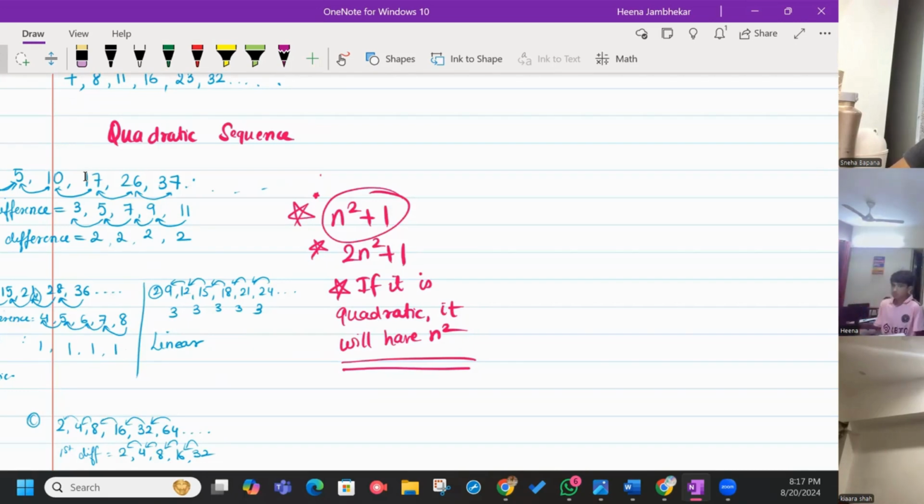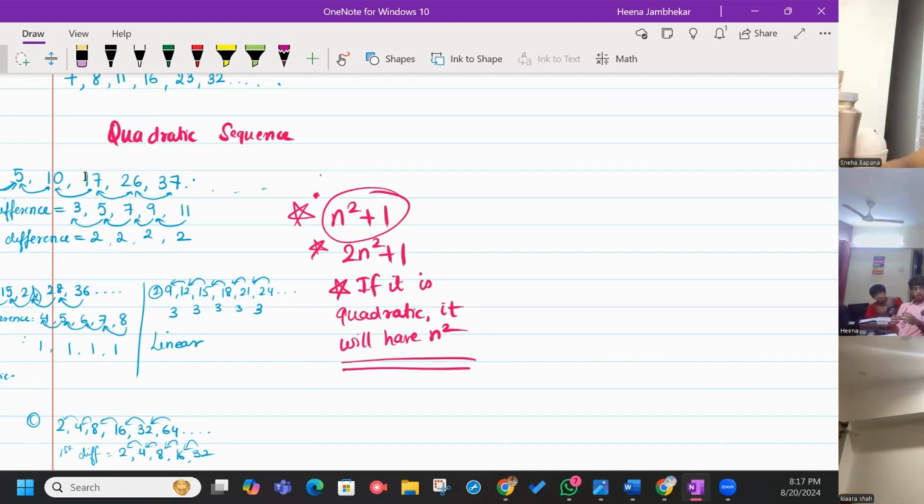Okay, let's talk about quadratic sequence now. See, quadratic meaning that QUA actually stands for the square. Until now, whatever you studied was 4n minus 1, 4 upon 5n plus 33, where n was singular, the power of n was 1.